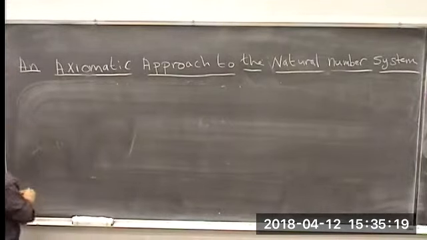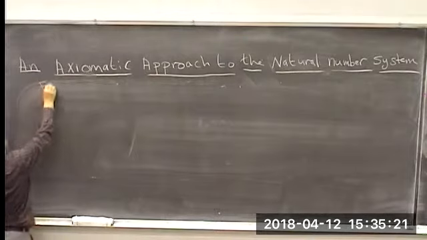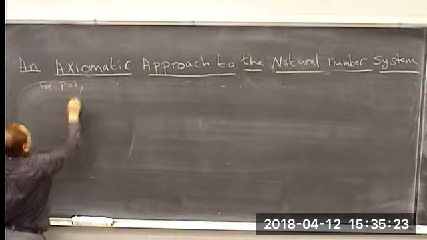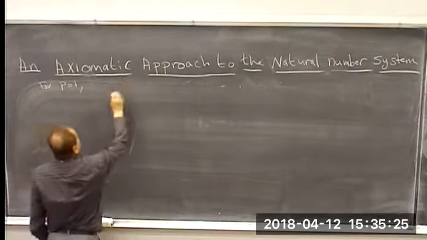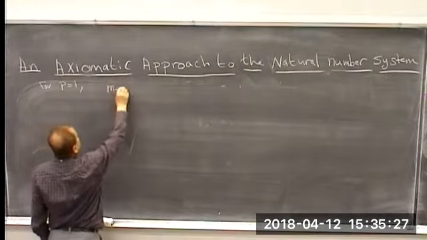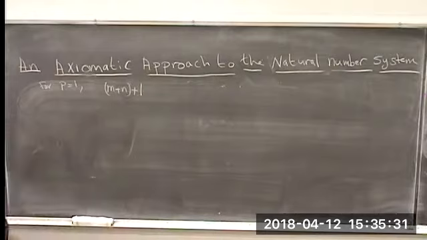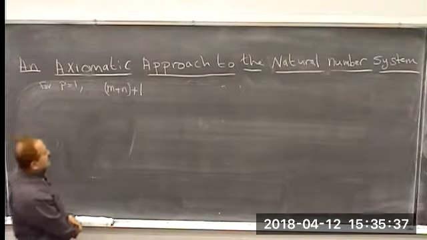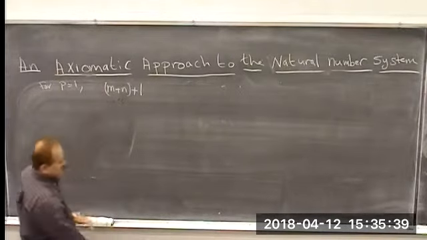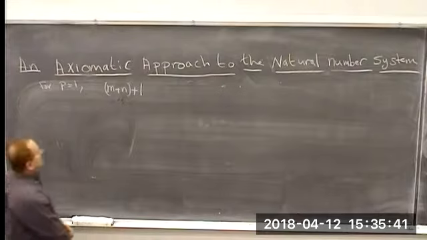Okay, so here for P equal 1, what we have is M plus N plus 1. And I want to show that actually we can do the associative property for these three numbers. All right?